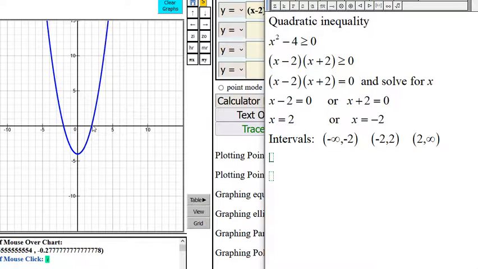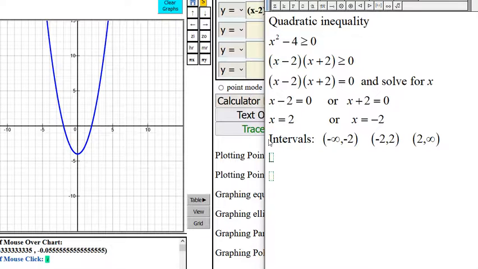And then the interval from 2 to infinity, that's where the graph is above the x-axis. And so that's where x squared minus 4 is greater than 0. And then the interval from negative 2 to 2, that's where the graph is below the x-axis. And so from negative 2 to 2, that's where this inequality is less than 0. But here we want greater than 0.